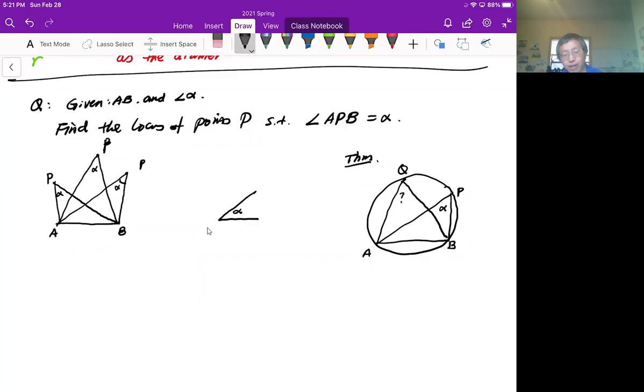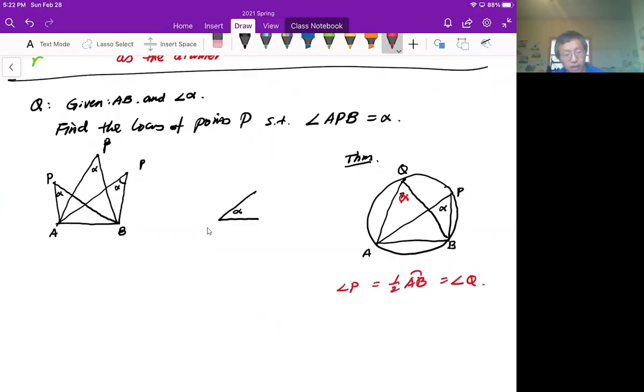Everyone understand my question? Suppose I give you a circle here, and APB has the angle alpha. How about the other point Q? Q is also on the circle, on the same side, and then this angle here is also equal to alpha. Why? Because this angle is equal to half of the arc, the arc QP and angle Q, right?